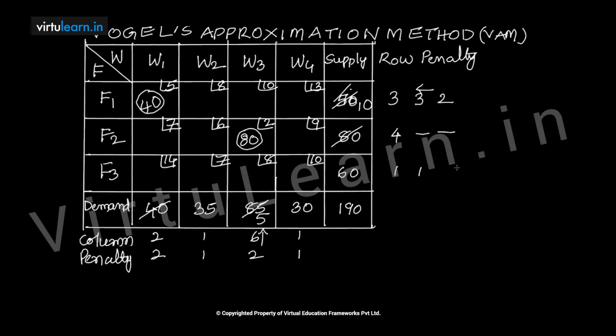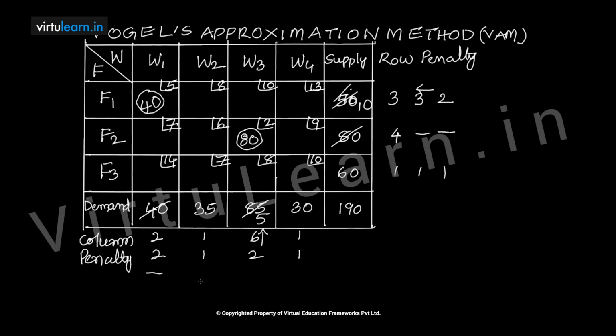So 7 is the least and 8 is the next least. So we will write this 1 penalty. And in the column, since this is satisfied, we are not going to use this, because it is satisfied, we don't make any allocation.